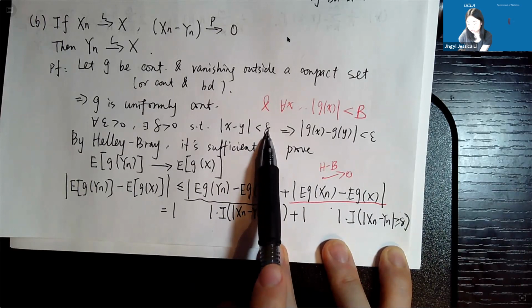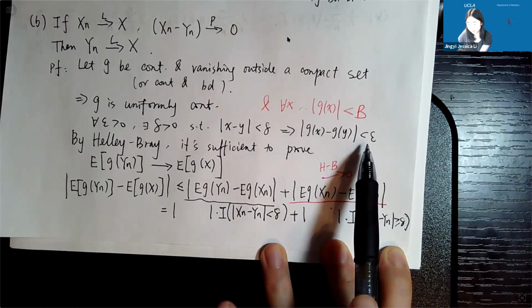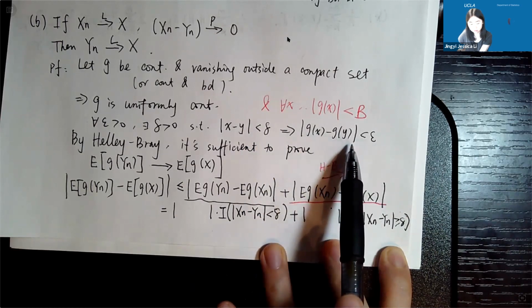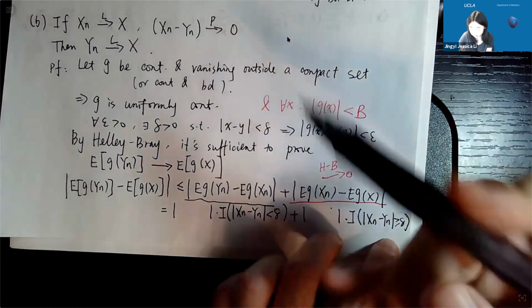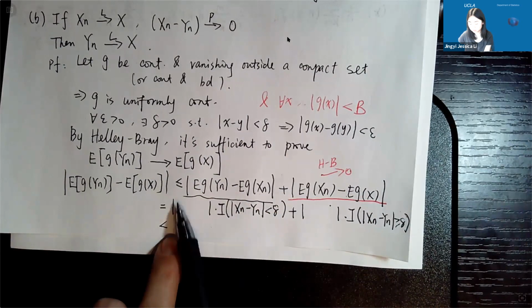I know then G(Xn) minus G(Yn), the absolute value difference, will be less than epsilon. So then this term will be less than epsilon, because when this holds, this must be less than epsilon.